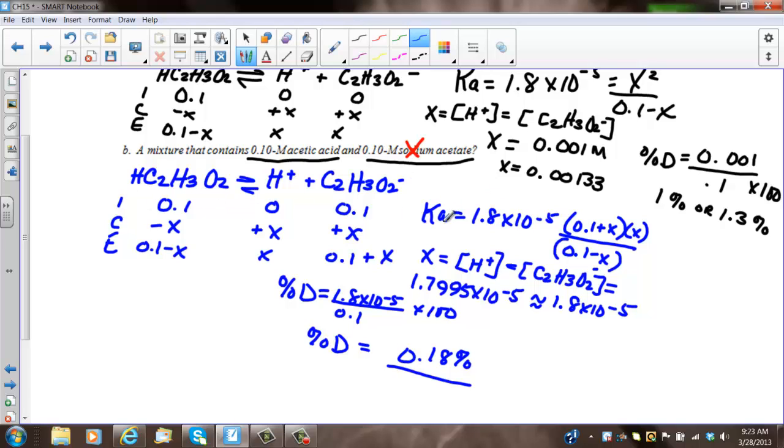I added a strong electrolyte, sodium acetate, which contained an ion in common, which was this. So essentially, I increased the acetate ion, which caused a shift to the left, favoring the reverse reaction, which is going to slow down the dissociation of the acetic acid.